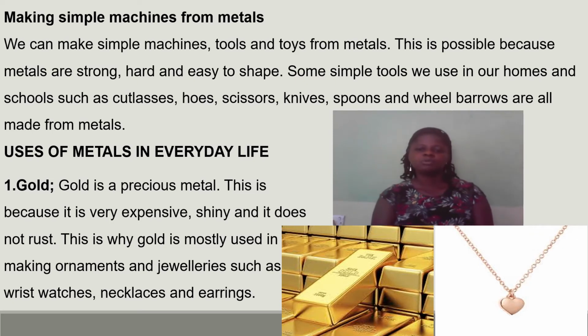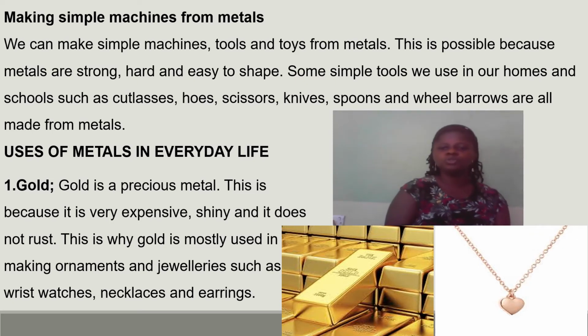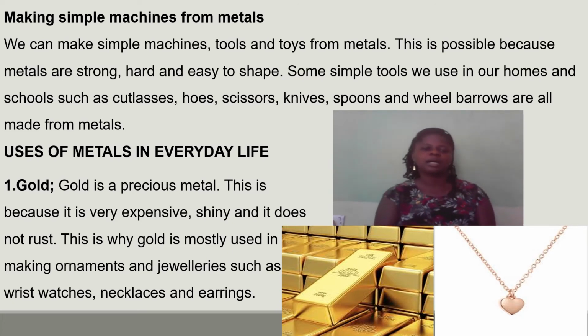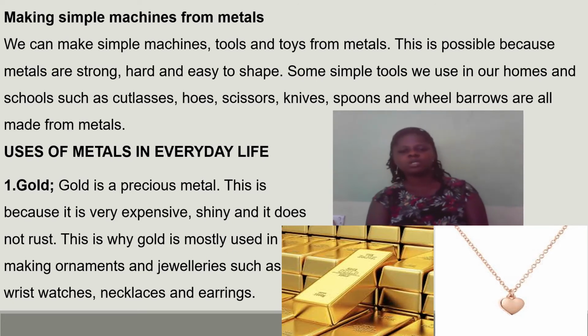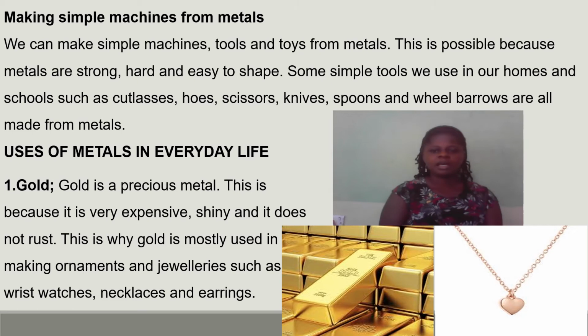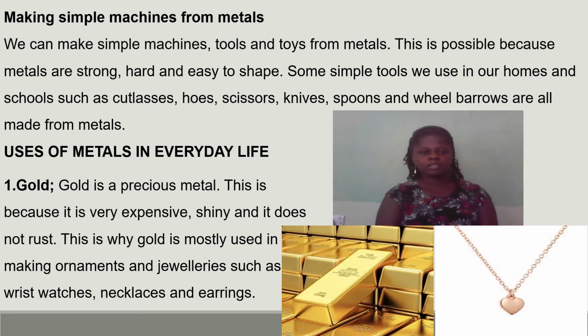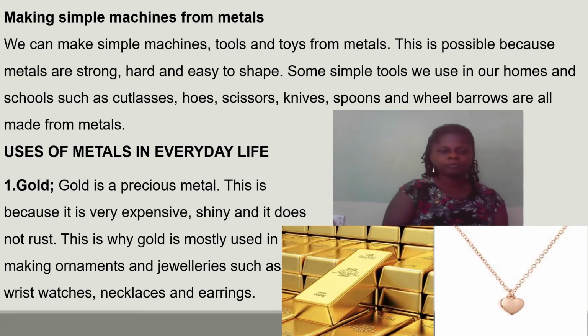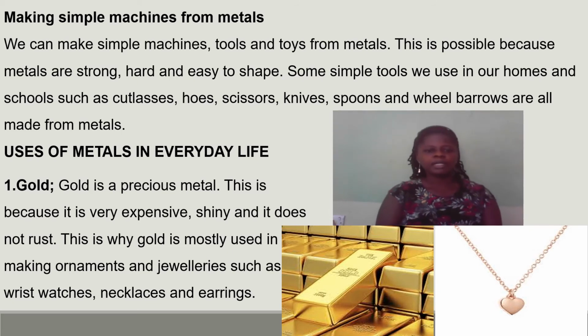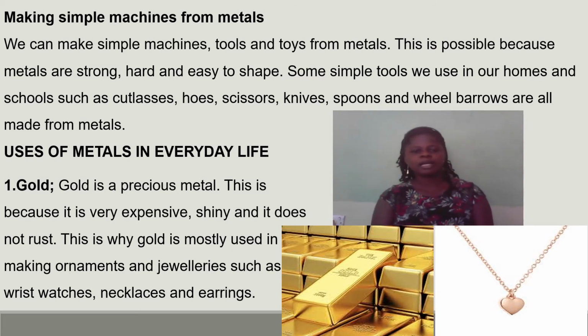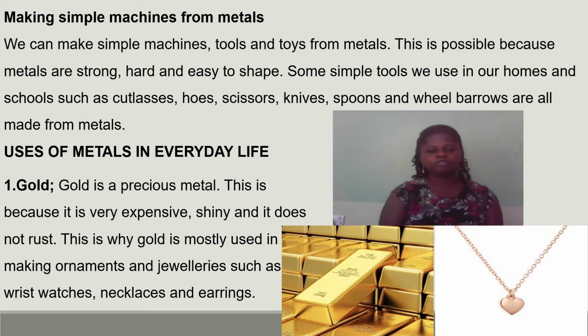Some examples of tools we use in our homes and schools, such as the cutlass, our hoes, our scissors, our knives, are all examples of items made from metals. So let's look at the uses of metal in our everyday life.